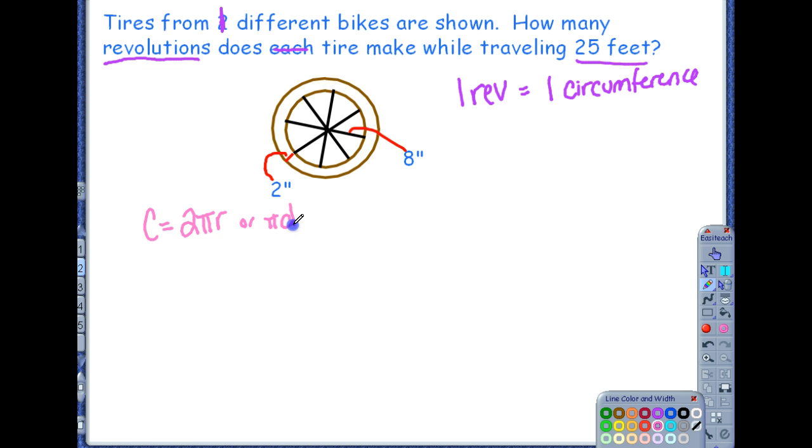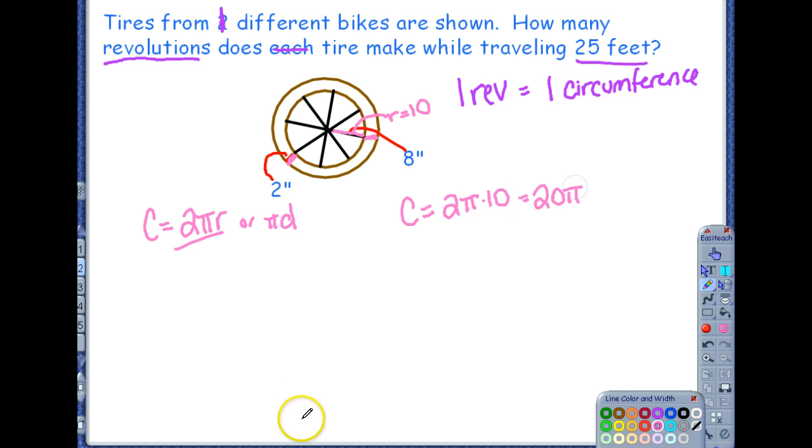Now, that 2 inches is the width of the tire, the tire itself, and the 8 inches represents one of the spokes. So if I add the 8 and the 2 together, that gives you a total of 10 for the radius. Love it. So I'm going to use the 2 pi r idea. Circumference equals 2 times pi times 10, which gets you 20 pi.